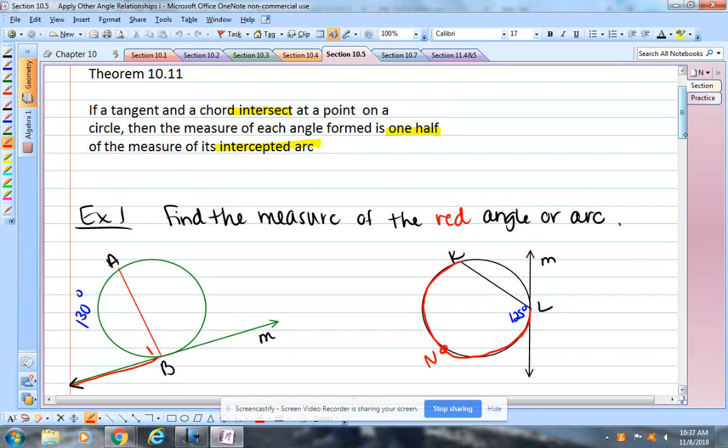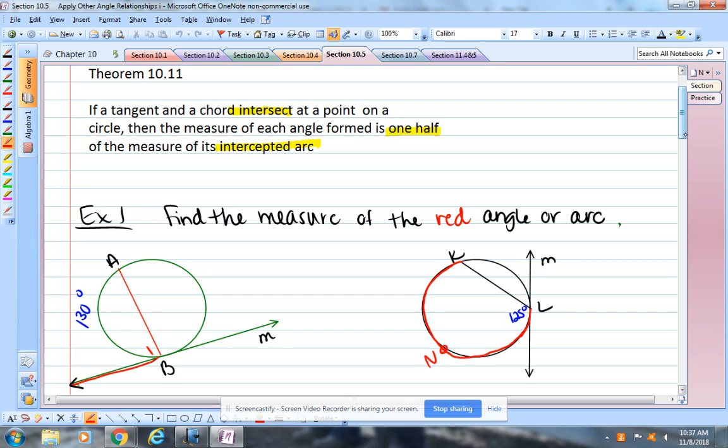That would be a secant. So a tangent means I only touch it in one place. It's like the circle kind of sits on the line, like this one's doing right here. So if that's the case, then the angle formed is half the measure of the intercepted arc. It's similar to inscribed angles, but it's dealing with tangents.